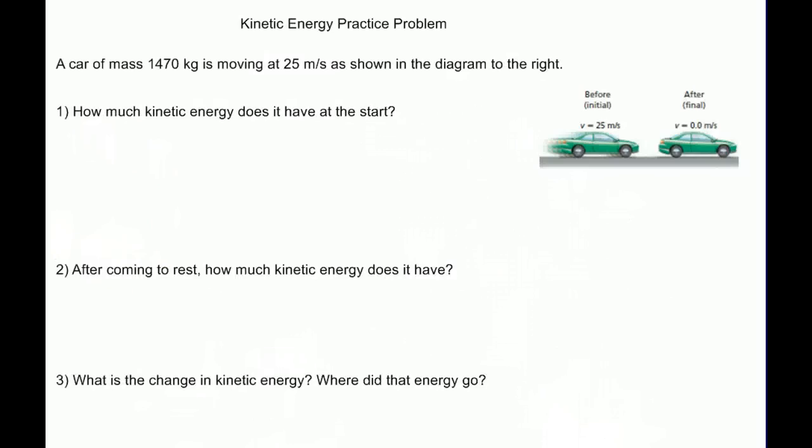So let's take a look at a practice problem for kinetic energy. We have a car of this mass, and it's moving at 25 meters per second, and I'm asking you how much kinetic energy does it have at the start. Well, we should remind ourselves that the equation for kinetic energy is 1/2 mv squared. So go ahead and pause the video for a second and figure out these three questions.